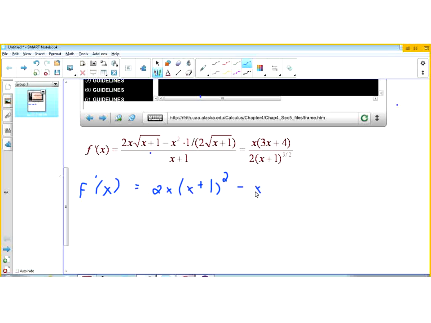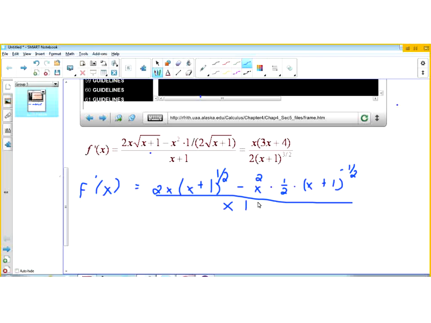Minus x squared times 1/2 times x plus 1 to the negative 1/2. And this should be x to the 1/2 power like that, right? Divided by x plus 1.